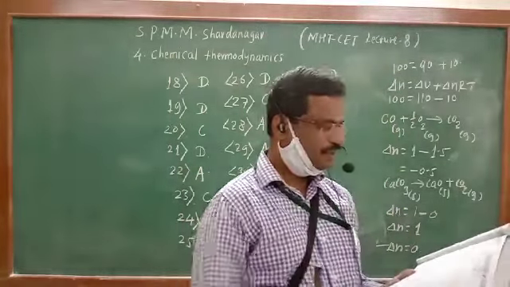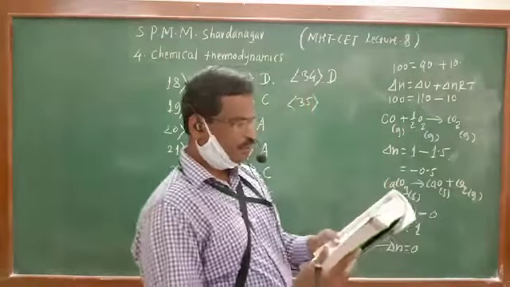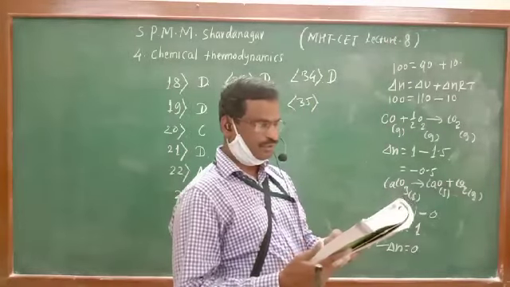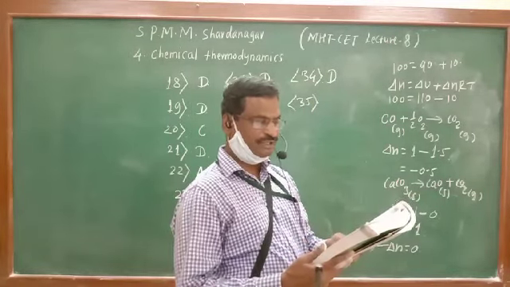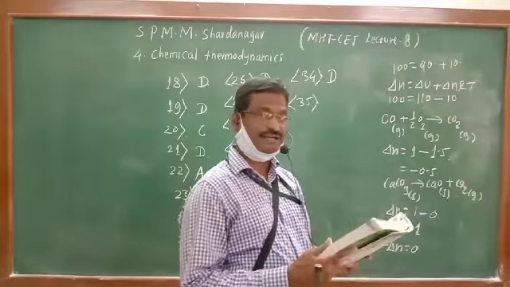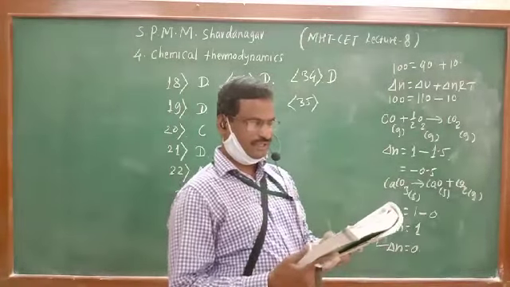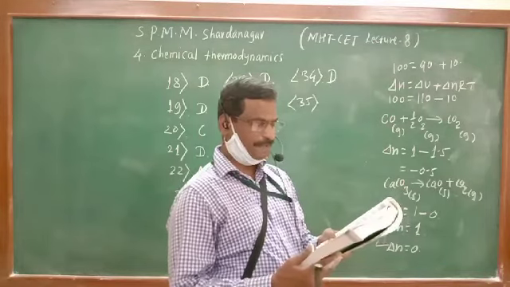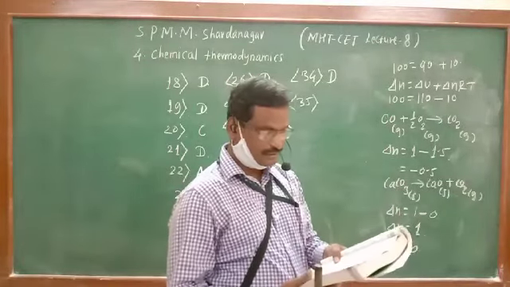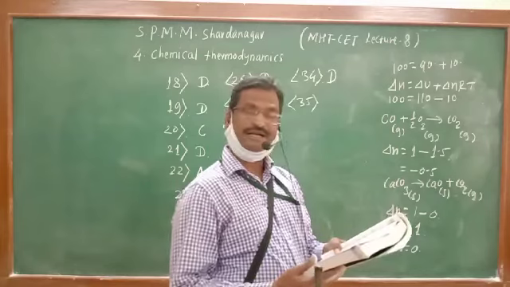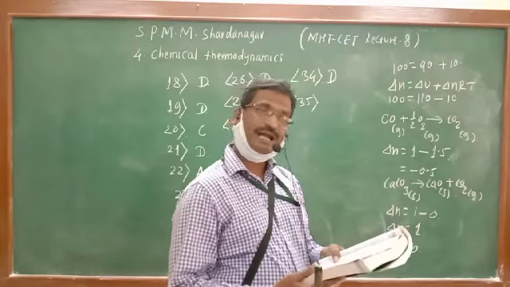So question number 35. Which of the following statements is true? Option A, delta U is always greater than delta H. Is it always greater? No. Sometimes it is less also. Option B, delta U is always less than delta H. Is it always less?